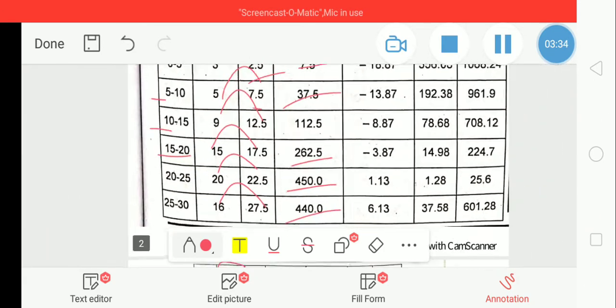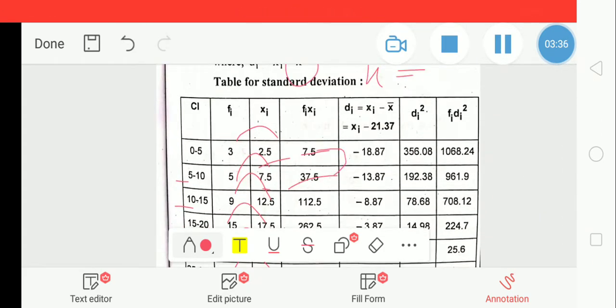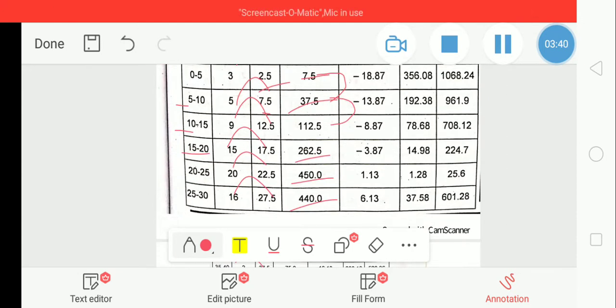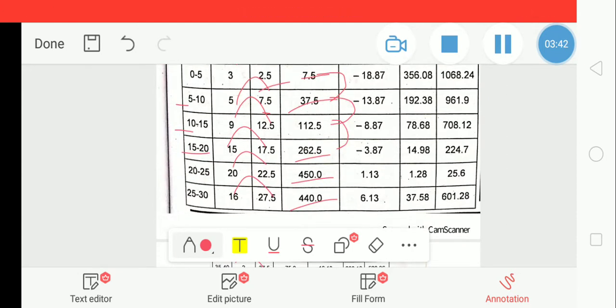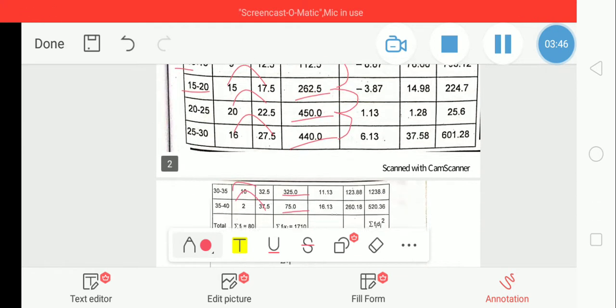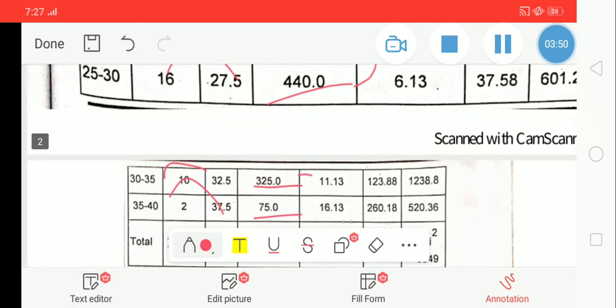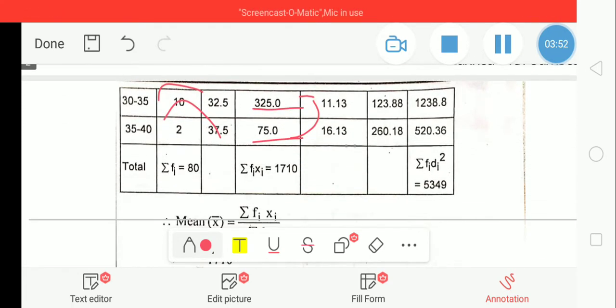Now take the summation, means addition: 7.5 plus 37.5, 112.5, 262.5 plus 450 plus 440 plus 325 plus 75, they give 1710.